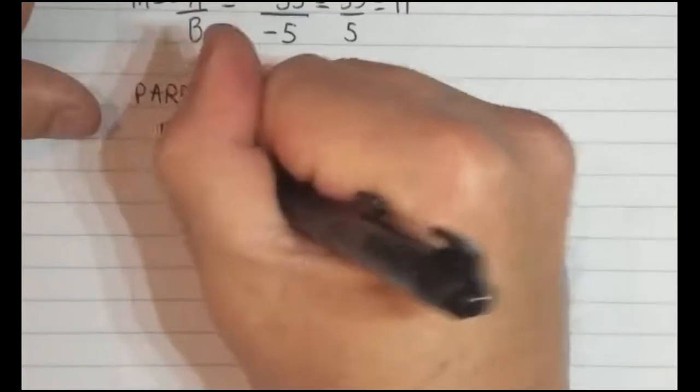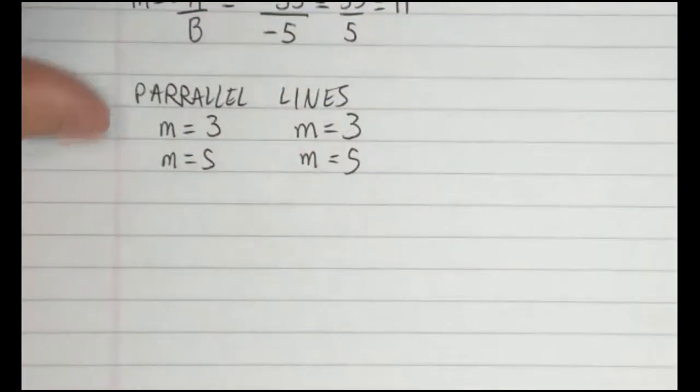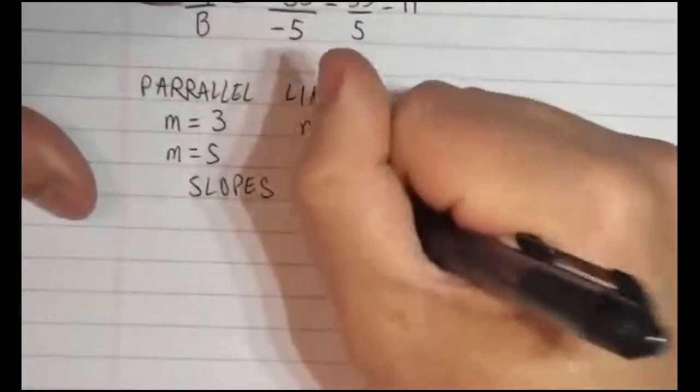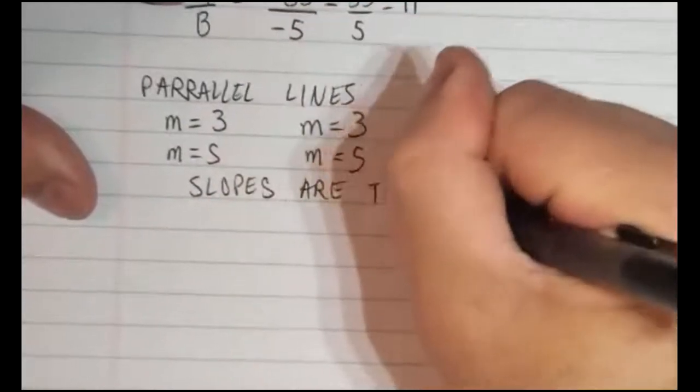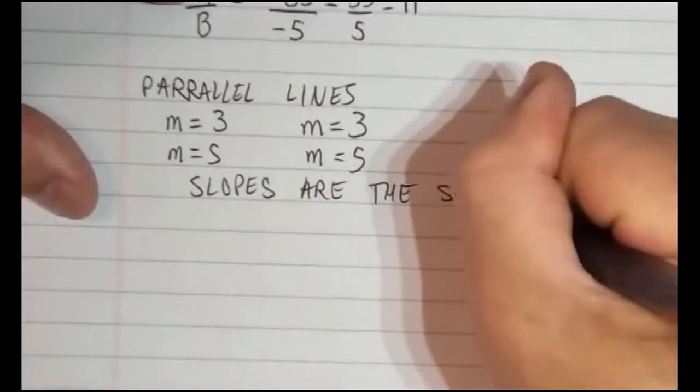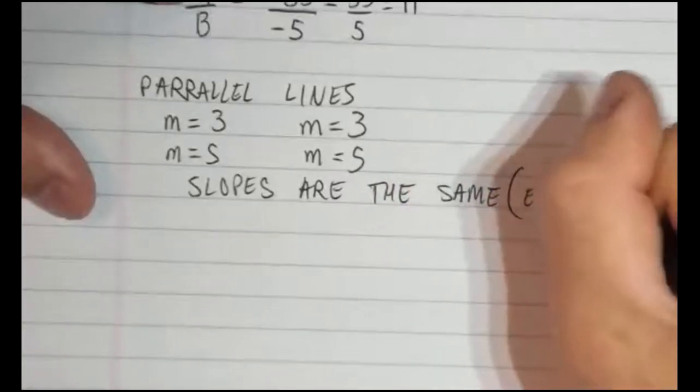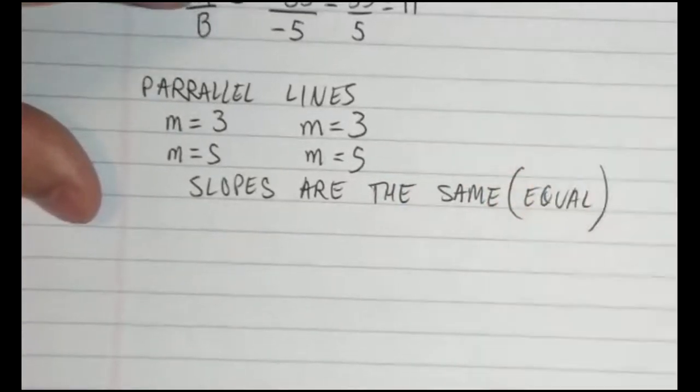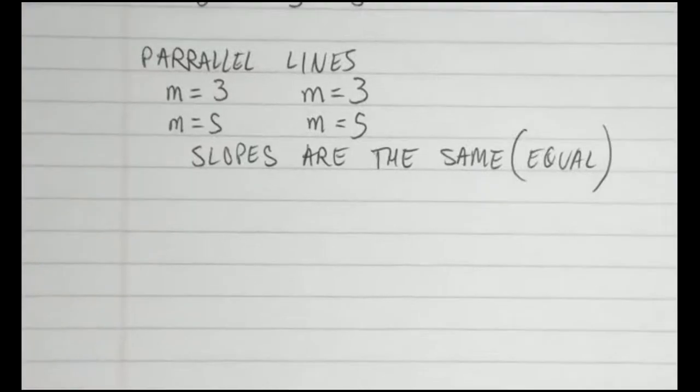If one was 5, the other one would have to be 5 for them to be parallel lines. Just equal, their slopes are the same. They have to be exactly the same. One can't be positive and the other negative. If one's negative, the other one has to be negative in order for them to be parallel lines.